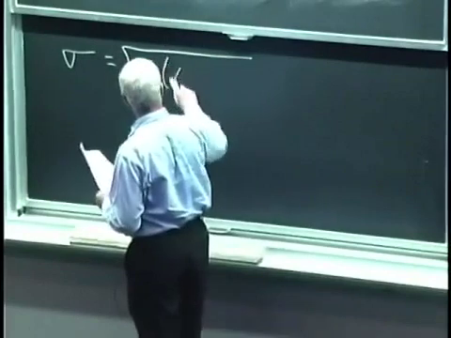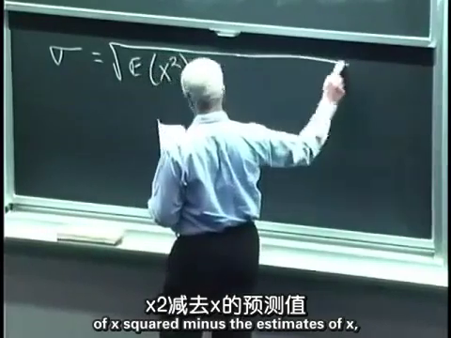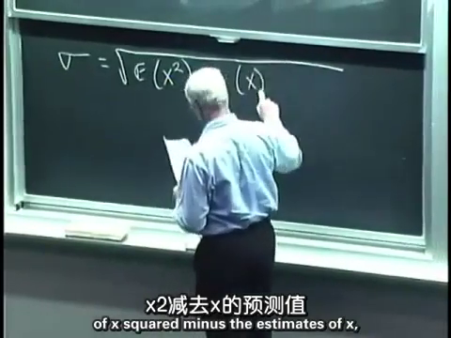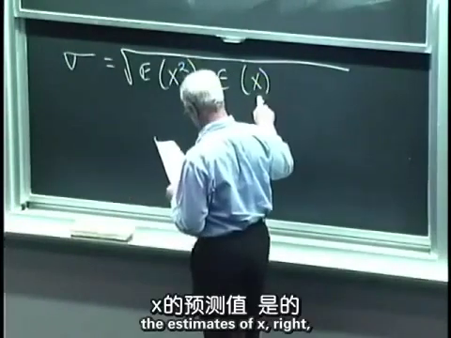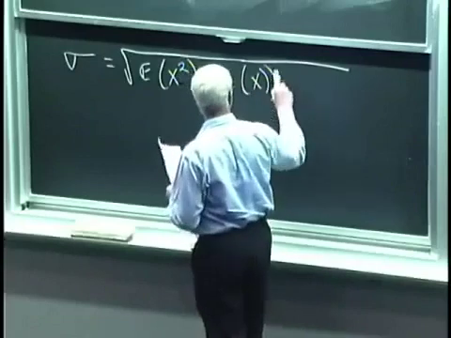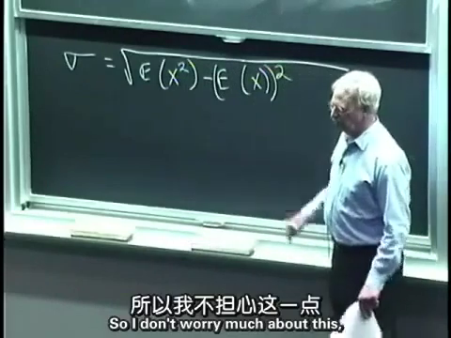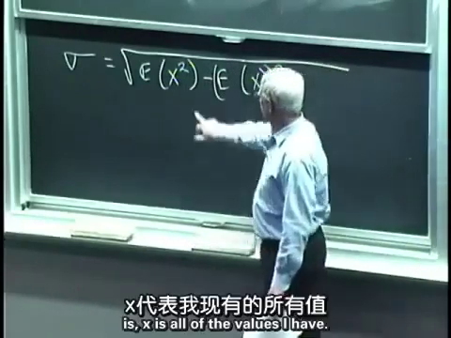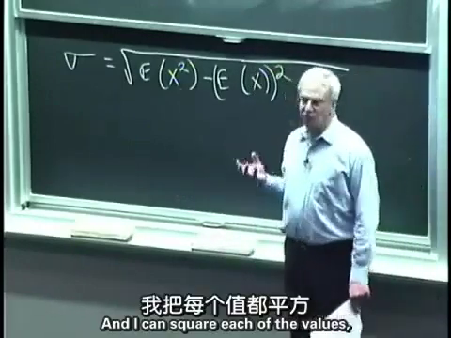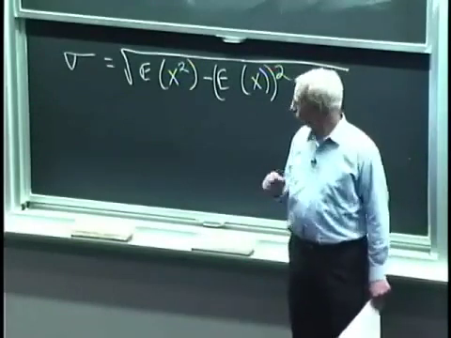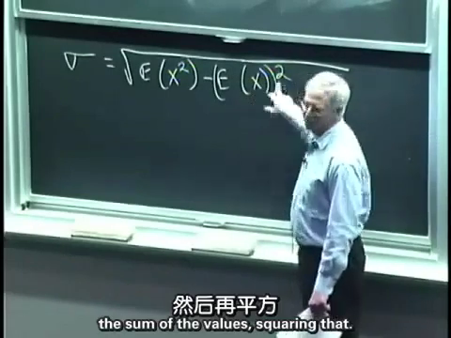And it's the estimates of x squared, minus the estimates of x, all of this squared. So don't worry much about this, but what I'm basically doing is, x is all of the values I have. And I can square each of the values. And then I subtract from that the sum of the values, squaring that.